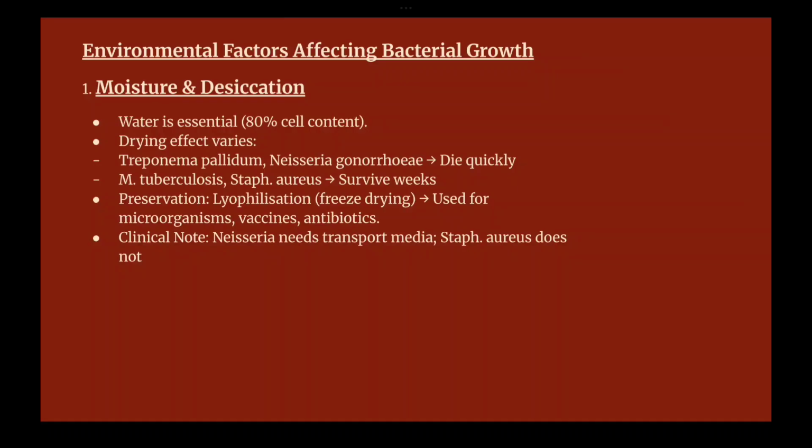Now, how do you preserve a microorganism? Microorganisms such as polioviruses or any other organism used for antibiotics or vaccines are freeze dried and kept. So freeze drying keeps the microorganisms from growing.